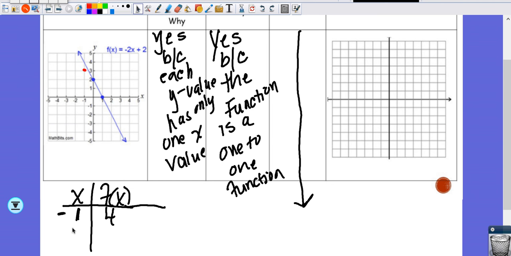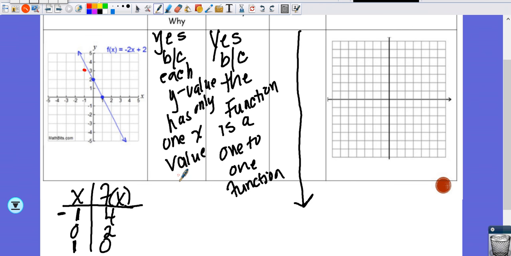And then at 0, it gives me 2. And at 1, it gives me 0. All right. So there I have a table for that graph.